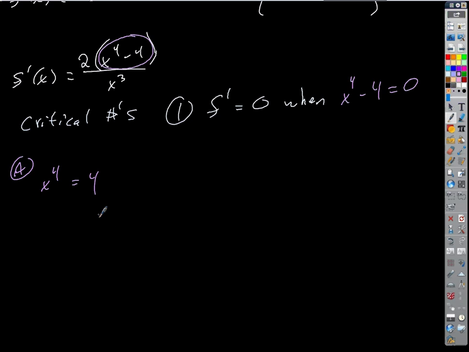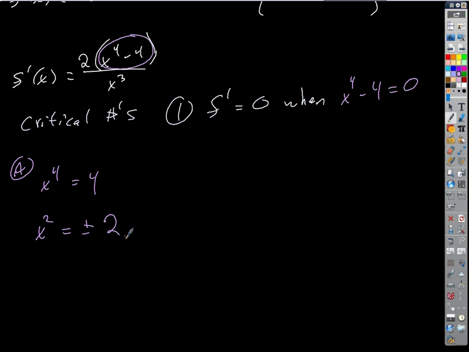So ideally, if you're going to isolate a variable by taking roots, it's safer to take only successive square and cube roots, right? So if I were to square root both sides, what would I get? I'd get x squared equals plus or minus 2, right?